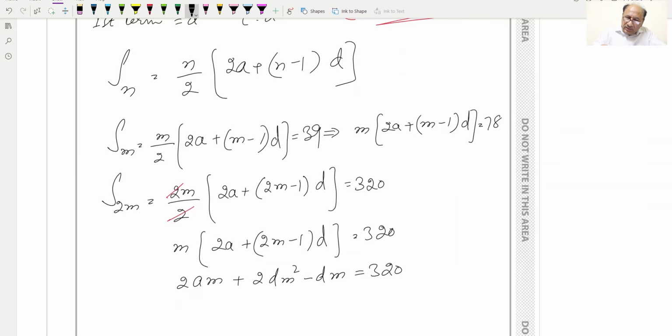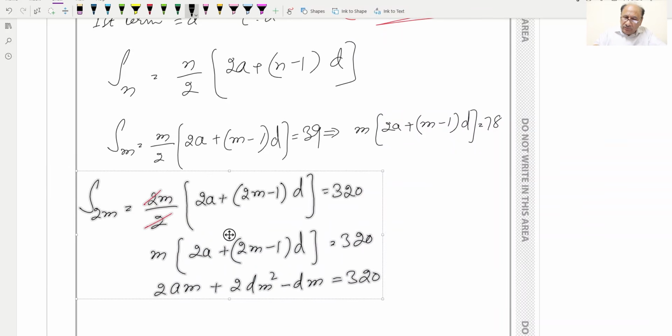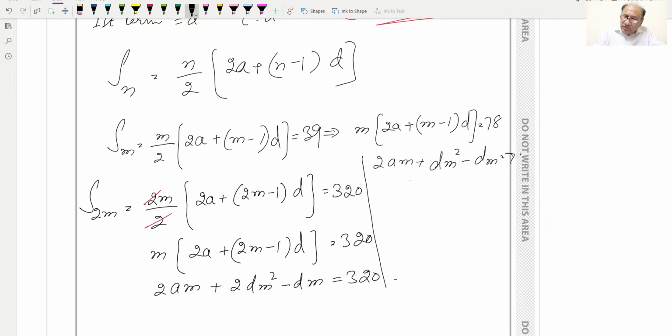Now if we open the bracket, I will move this a little to this side so we get space to write the steps. So this will be 2am plus m square d minus md, basically dm square minus dm is equal to 78.